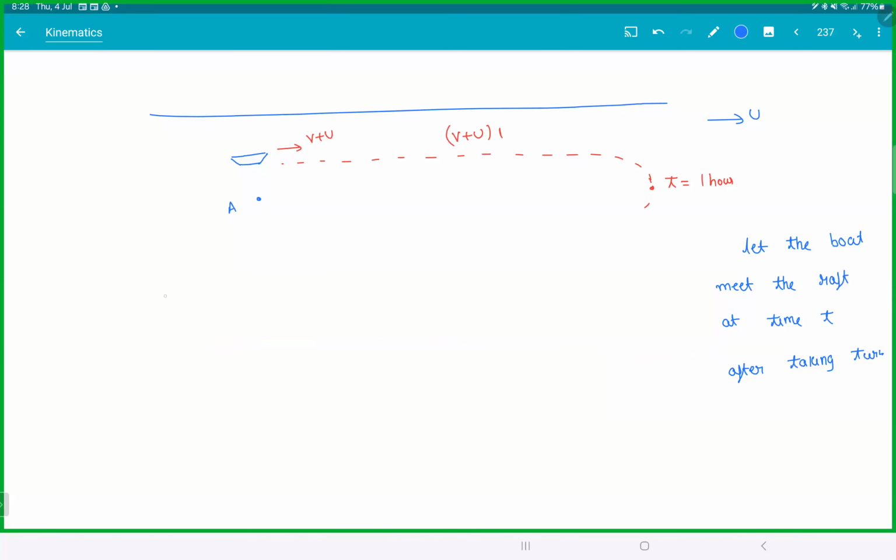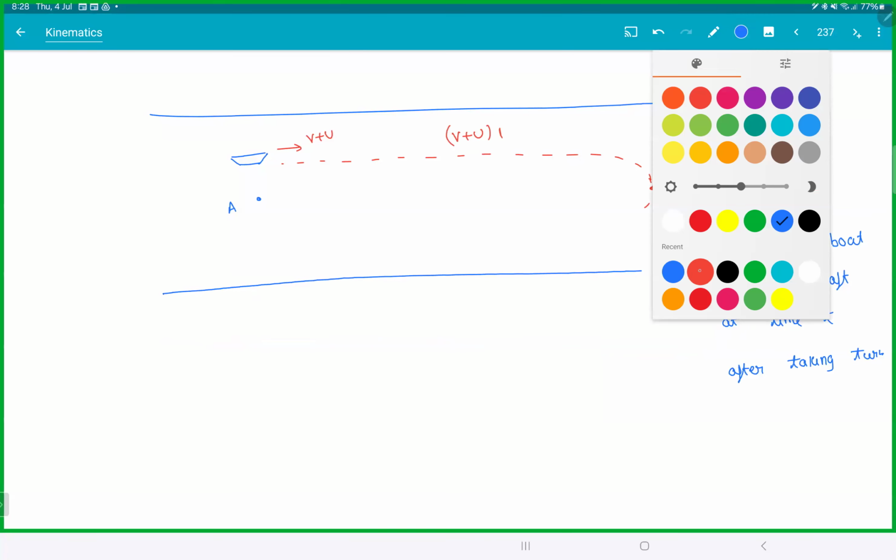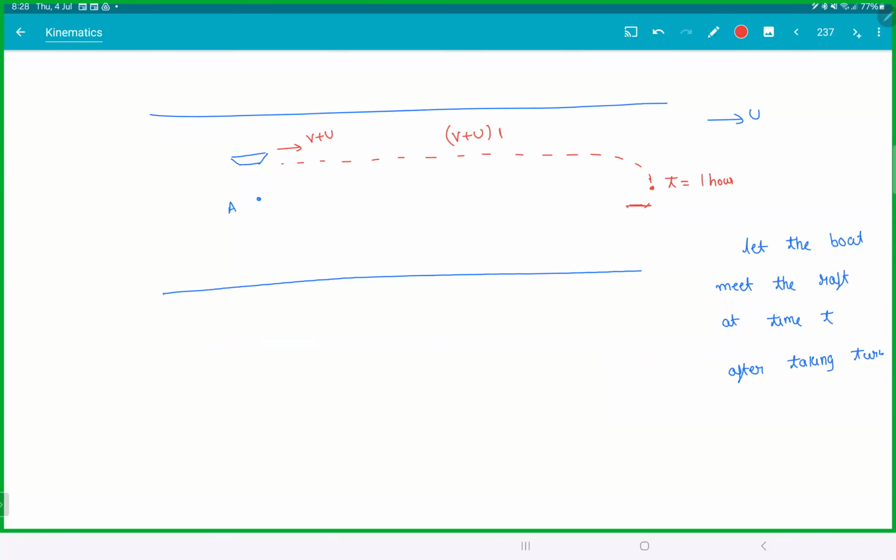Now understand here, because you're going in the reverse direction, the boat will have a speed of V minus U. And this is where you met. So this distance will be V minus U into T.